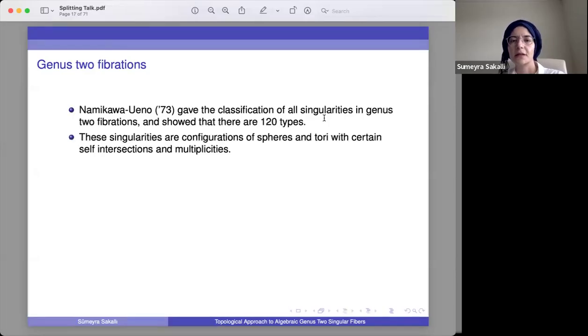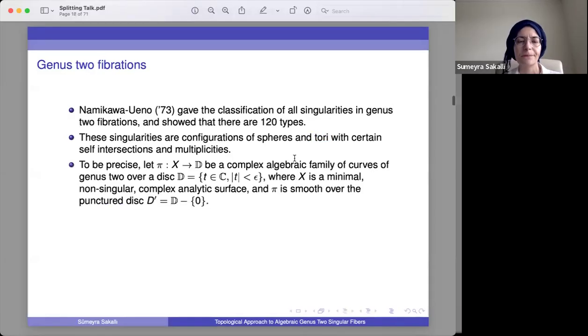And these singularities are now configurations of spheres and tori. So now the additional part is that in some of your singular fibers, instead of spheres, you may have torus components. And again, we have self-intersections and multiplicities for each of those components.